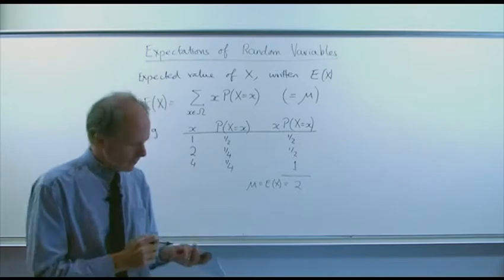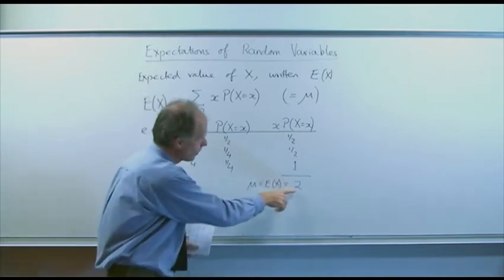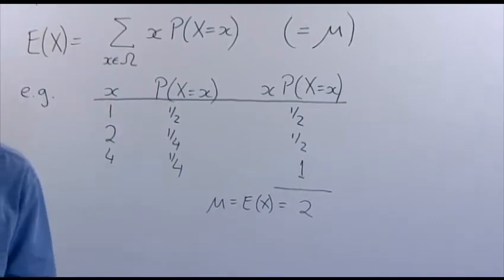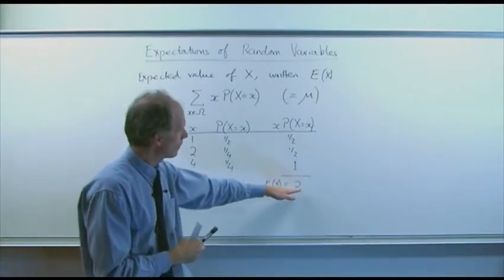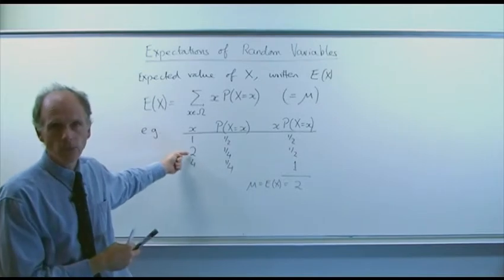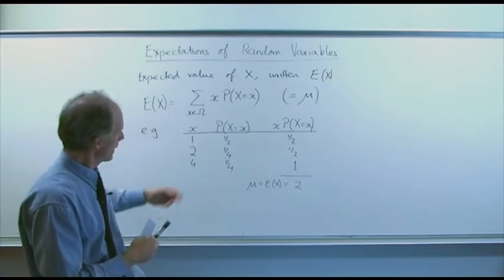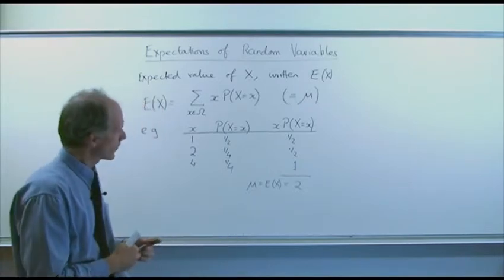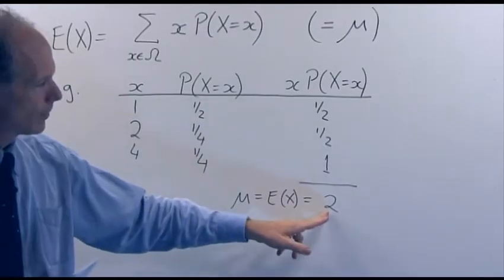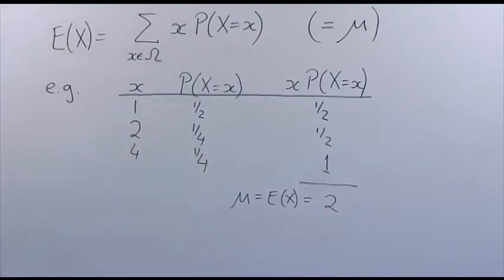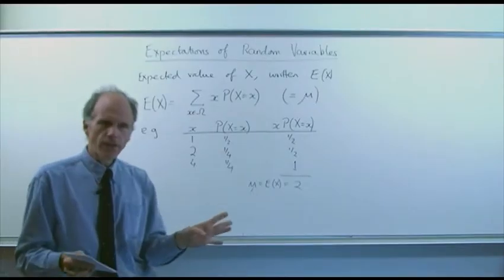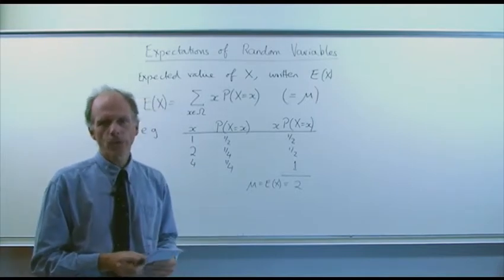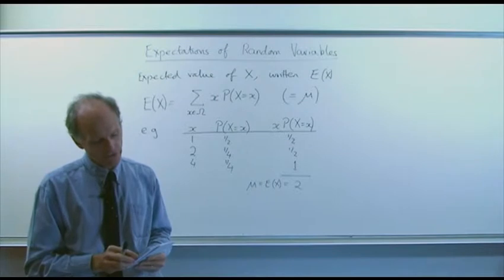Well, in this particular example, the expected value actually is a member of the sample space. So 2 is the expected value, and it's also a possible value that one of the random variable outcomes can take. It doesn't have to be that way. It is possible that the expected value could never occur. And this is where you get phrases like the expected number of children in a household is 1.8, for example.